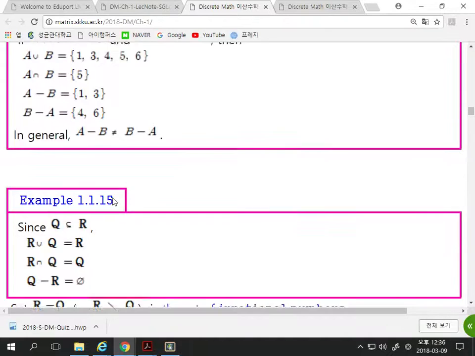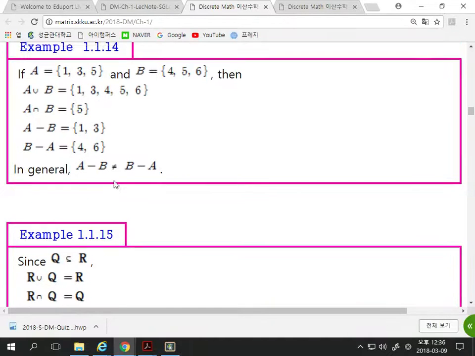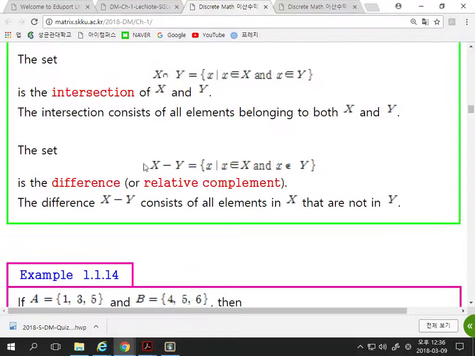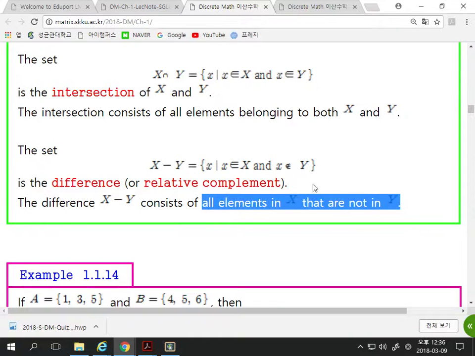The set difference X minus Y is defined as the set of elements x such that x is in X, but x is not in Y. We call this set a difference or a relative complement. So the difference X minus Y consists of all elements in X that are not in Y.